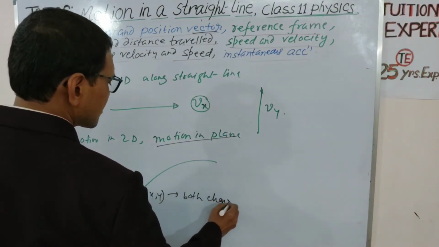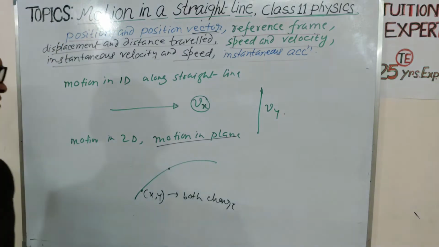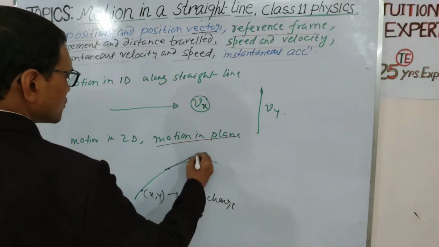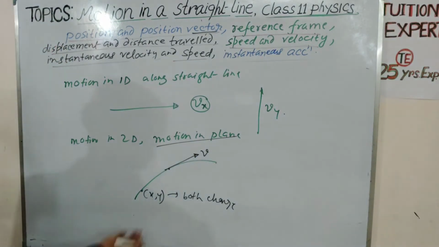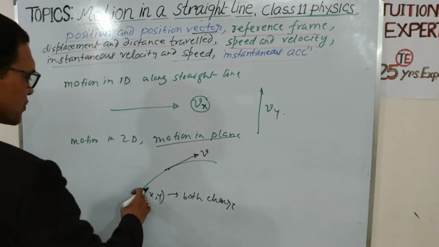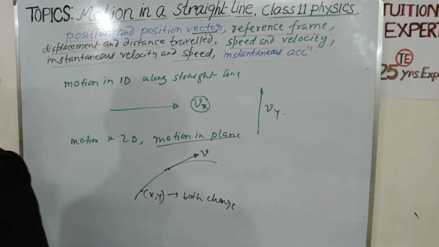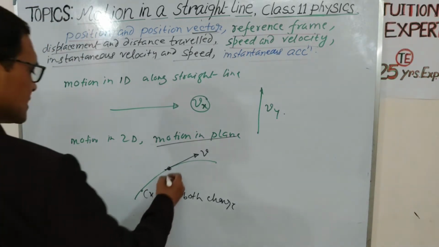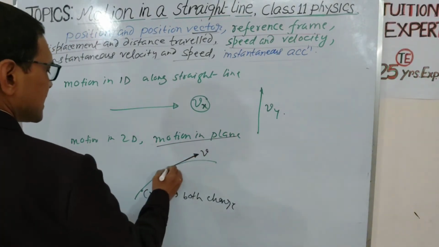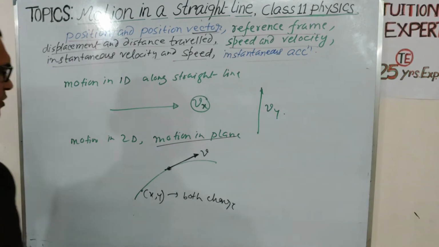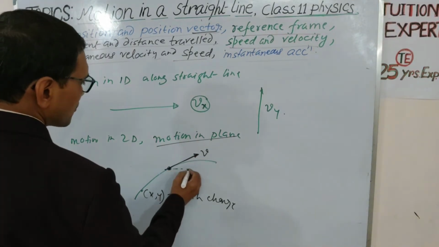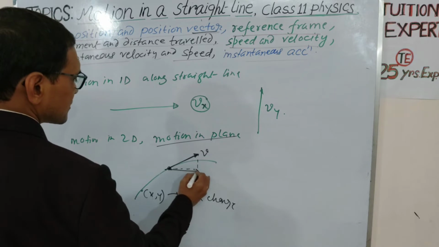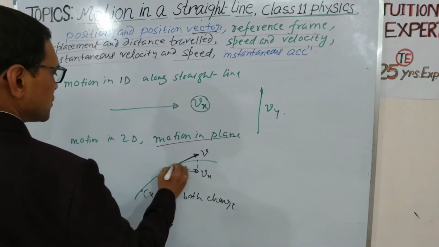Suppose the particle is hit here. Now it has two velocity components. Suppose the particle moves in this curved path. At a point, the instantaneous velocity is along the tangent at that point. Instantaneous velocity is this, and it has two components, Vx and Vy.